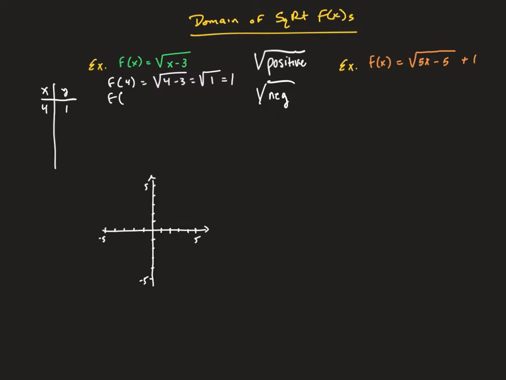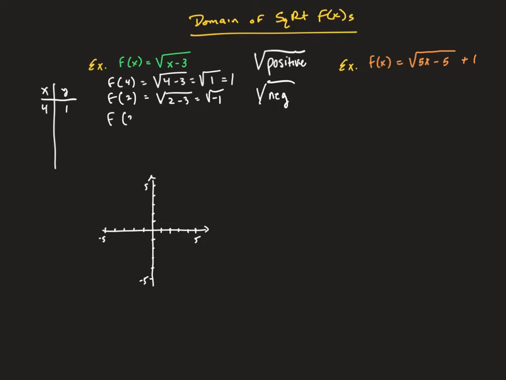Well, what about when x is 2? When x is 2, we have 2 minus 3, which is the square root of negative 1. That doesn't exist. I can't do that.